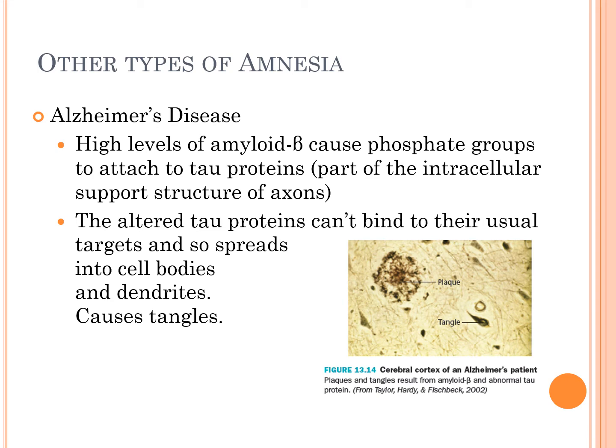This causes tangles, and it does look like high levels of amyloid beta are causing phosphate groups to attach to the tau proteins, which is causing these tangles, and so this neuronal damage.